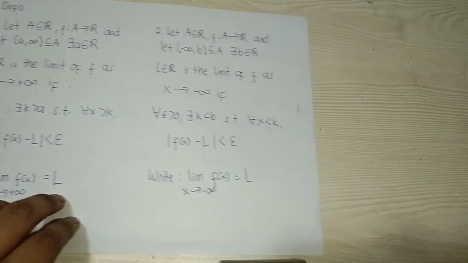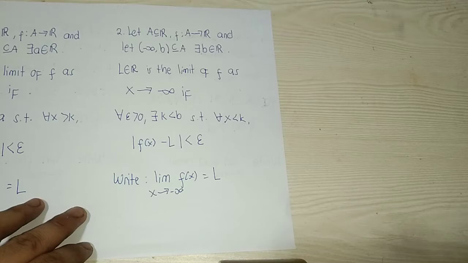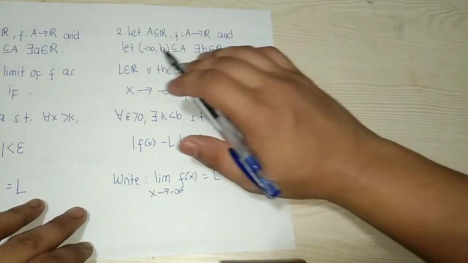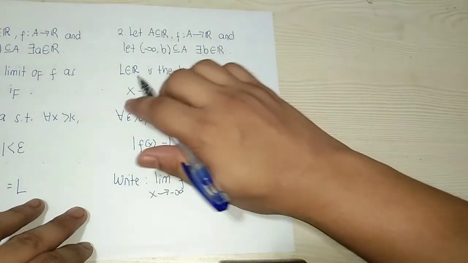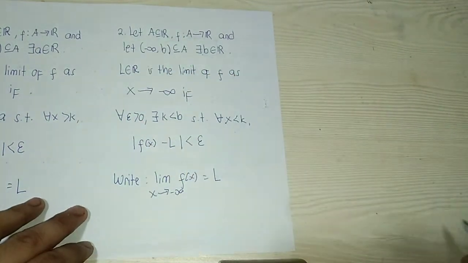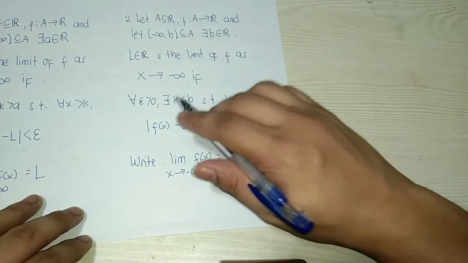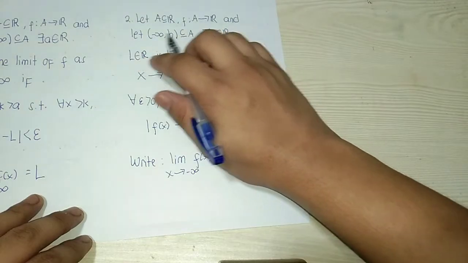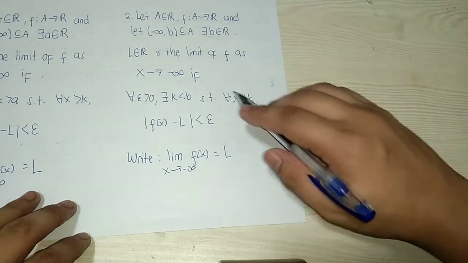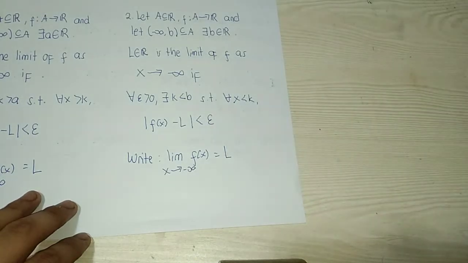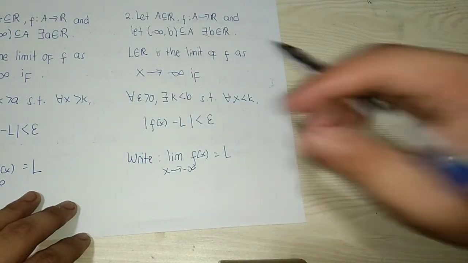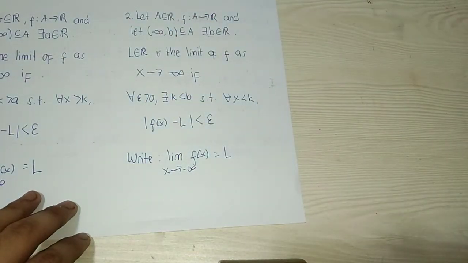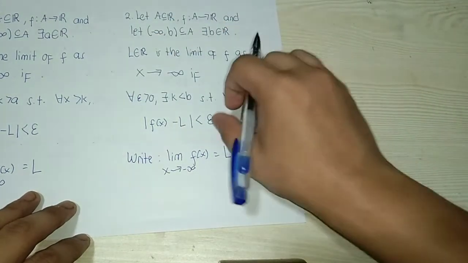Then, for another definition, let A be a subset of R, f a function from A to R, and let, so here, our open interval is (negative infinity, b), a subset of A, for some b element of R. L is the limit of f as x approaches negative infinity if for any positive epsilon there exists k less than b, those on the left side of b, such that for all x less than k, or as x approaches negative infinity, when you put it in f of x and take the distance of f of x and L, it is inside the interval L minus epsilon, L plus epsilon, or its distance is less than epsilon.